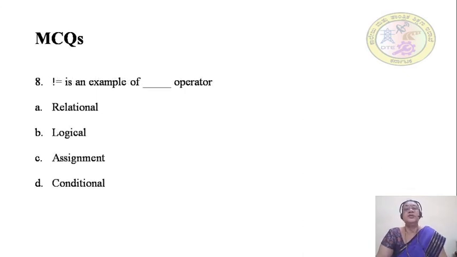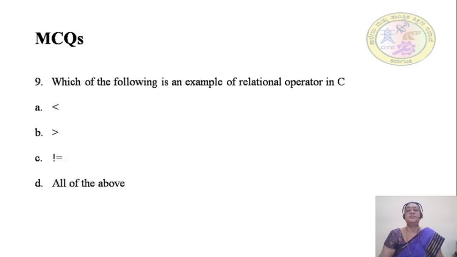Not equal to is an example of which operator? A relational, B logical, C assignment, D conditional. Not equal to is a relational operator. So the correct answer is option A. Next question: which of the following is an example of a relational operator in C?